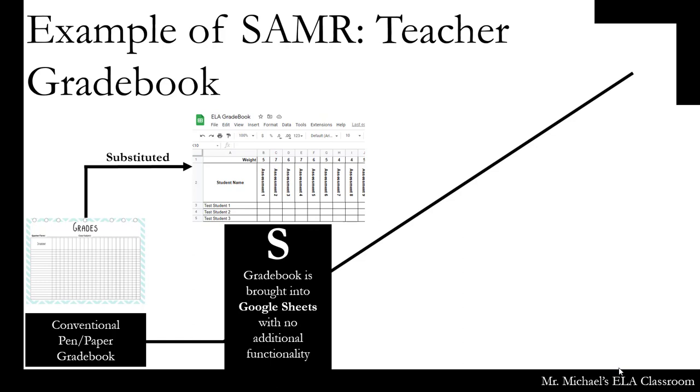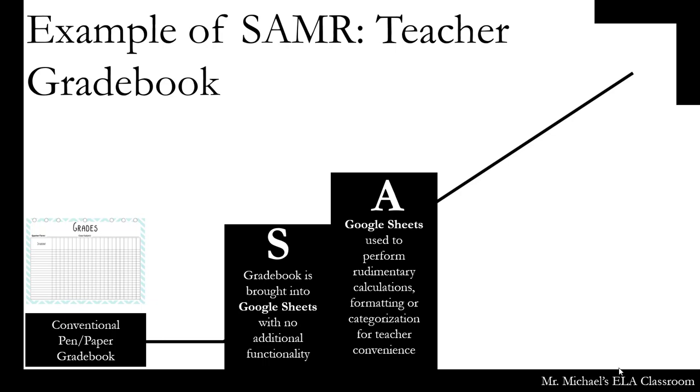Now we get into something more enjoyable and more useful, I guess you would call it. So Google Sheets is used as an augmentation. It's used to perform rudimentary calculations, formatting, or categorization for teacher convenience. So again, this has been made better. An augmentation is usually made something bigger or better.